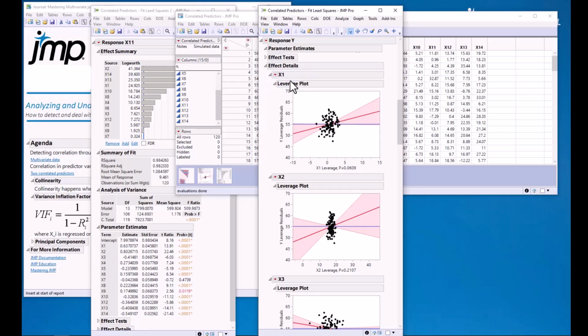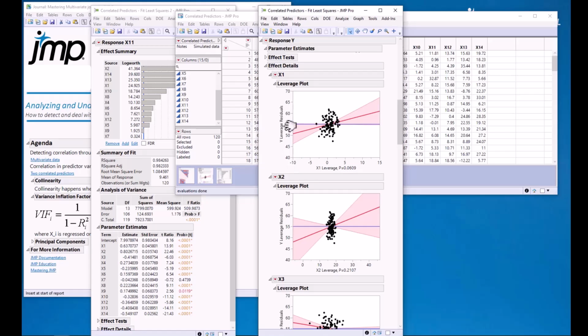The Y values on the plot are the residuals from regressing Y on all the predictors except, in this case, X1. So this is going to be Y versus X2 through X14. Find the residuals, save them, and you scale them back, you add the mean back in, and plot those on the Y-axis.